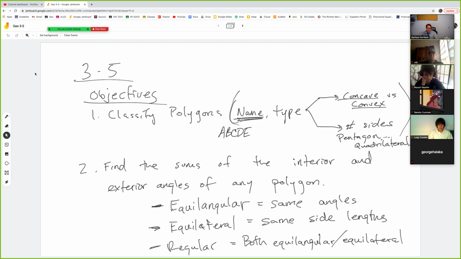Very important to be able to classify polygons and to find the sums of their interior and exterior angles. Down the road, when we start making proofs, you're going to be required to know these theorems so that you can apply them. Do you have to memorize them word for word? No. You have to memorize the function of the theorems.